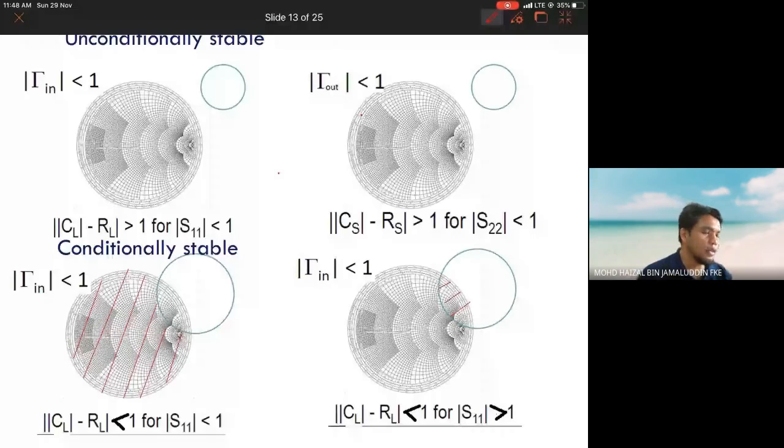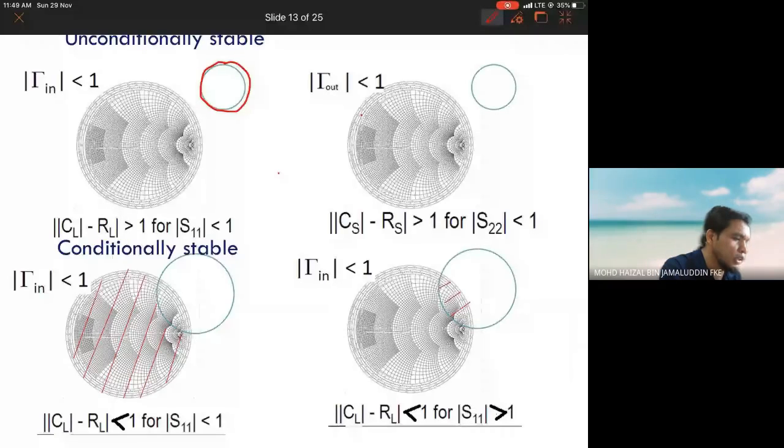Unconditionally stable means there is no condition for the amplifier to be stable. This case happens when S11 is less than 1. It means the stability circle is completely outside of the Smith chart, so you can choose any value in the Smith chart.